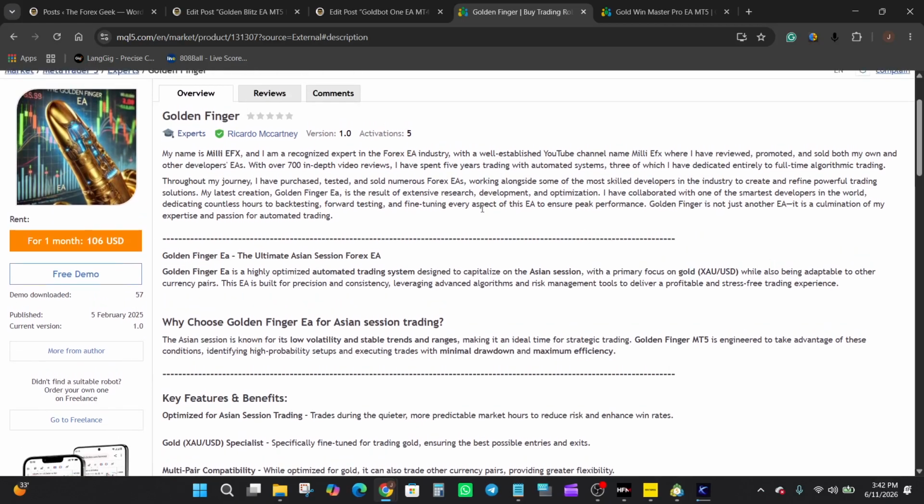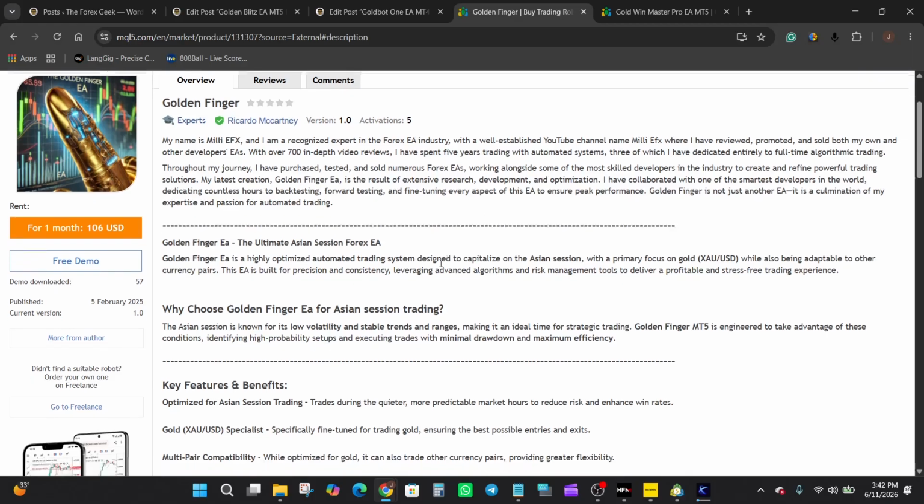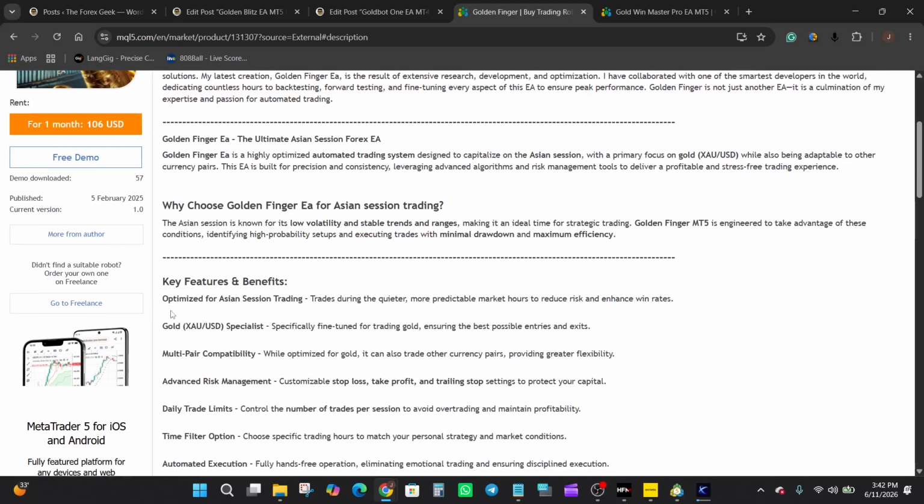Now, scrolling through the page, I can see this EA is positioned around the Asian session strategy, right? You can see here: optimized for Asian session trading. Trades during the quieter, more predictable market hours to reduce risk and enhance win rates. The Asian session is known for its low volatility and stable trends and ranges, making it an ideal time for strategic trading.